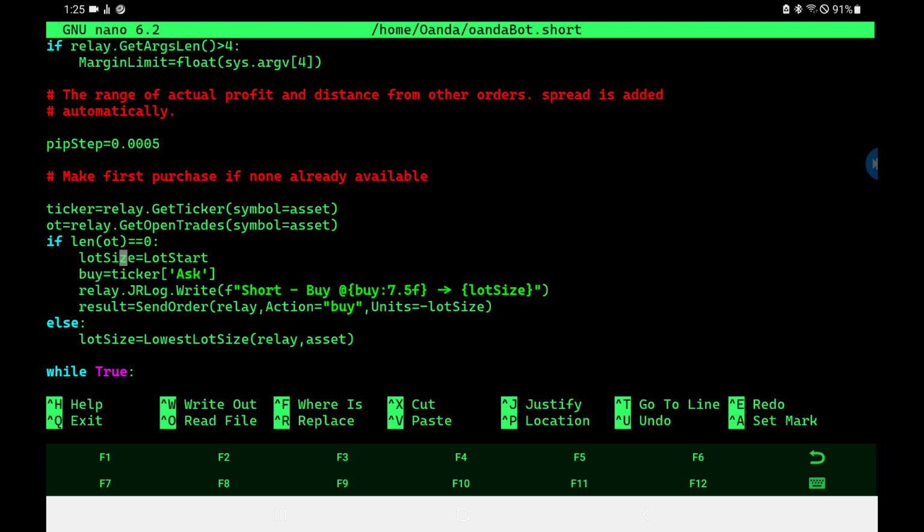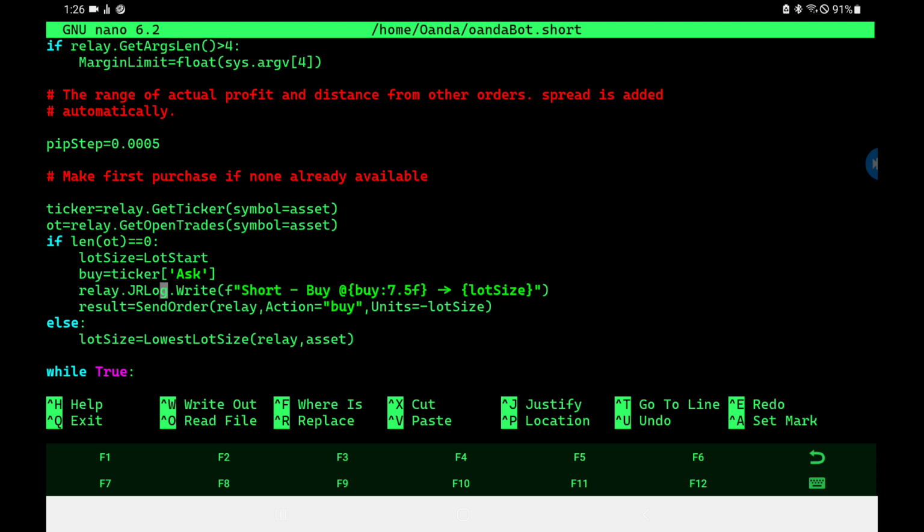Now, because we are under the first in, first out rule, in order to make sure we can close an individual position, each position must be a different lot size than the previous. But that works out well for us because that's how we make our profit. So we have the lot size and we have the ticker. Now we'll make a log entry and we'll actually cover the actual purchase that we're about to do.